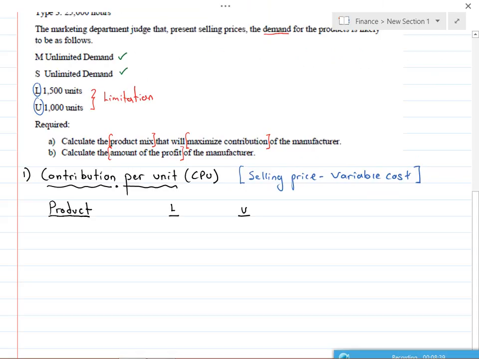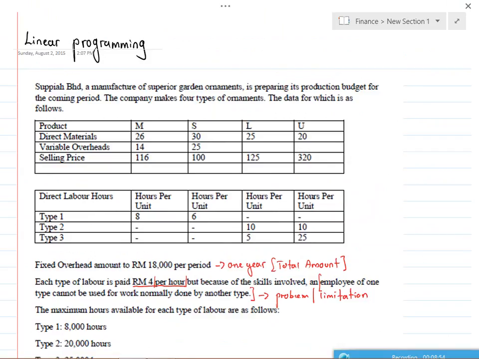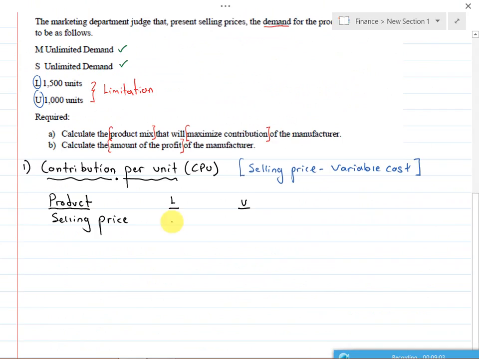So same thing here, we are going to do all the workings. The first one is your selling price. The selling price given over here is 125 and 320. So put it in your working, 125 and 320.